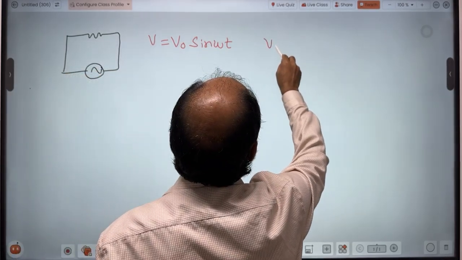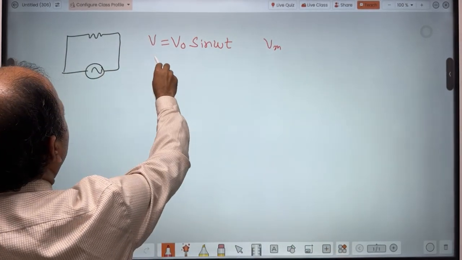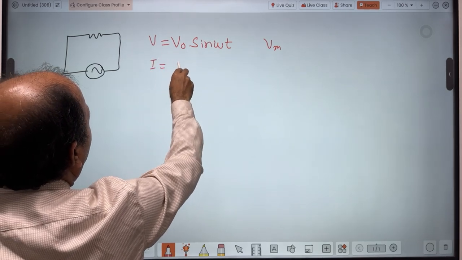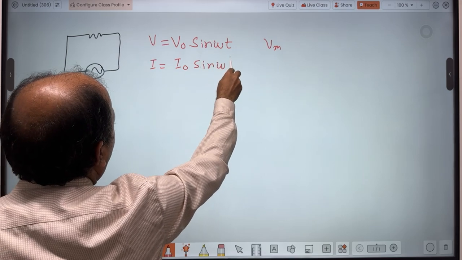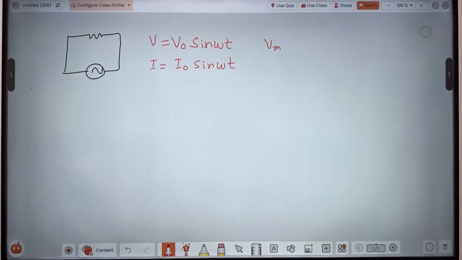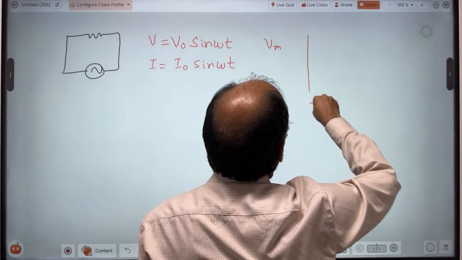This is sometimes written as Vm, so don't get confused. And the current is given by I0 sine omega t. So what do we observe? Here current and voltage are in same phase.